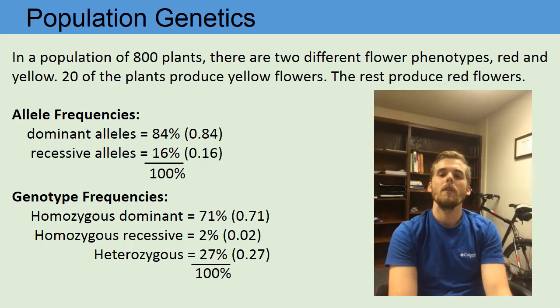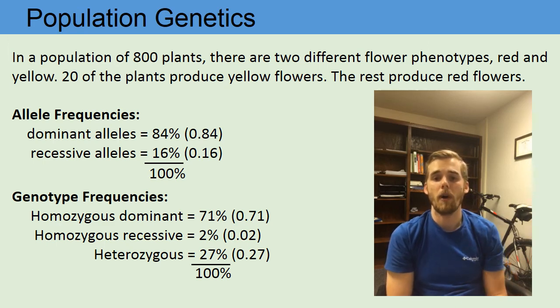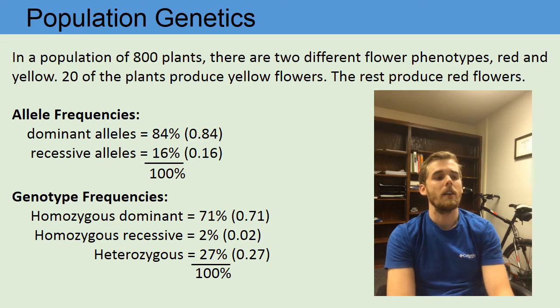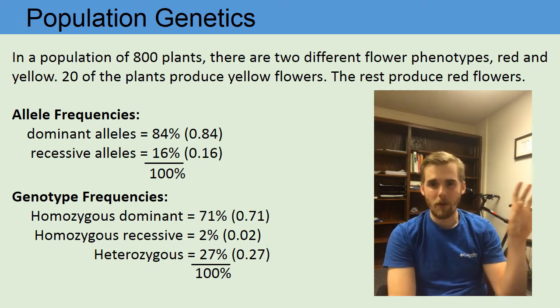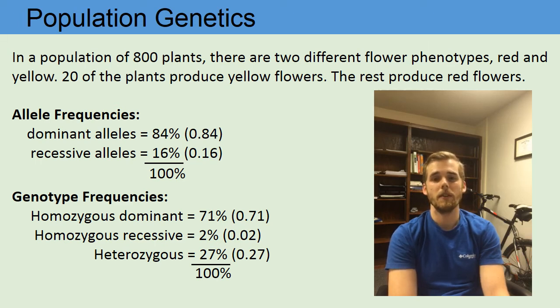So using the Hardy-Weinberg equation, we were able to determine the allele frequencies and the genotype frequencies within our example population. So I've listed out all of the numbers that were calculated on the last slide here. You can see in terms of allele frequencies, 84% of the alleles in our sample population are dominant. 16% of the alleles in our sample population are recessive.